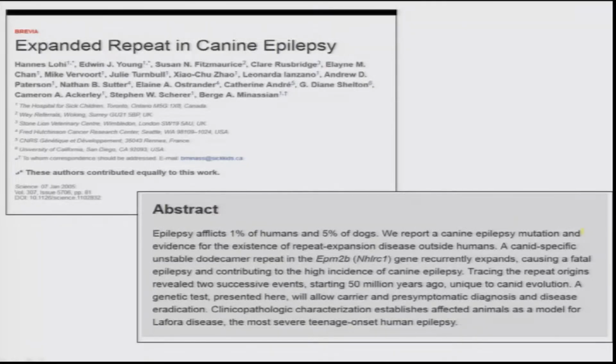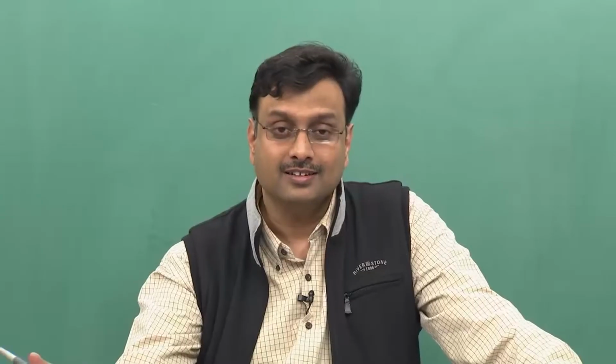Another dog model developed a very fatal form of epilepsy because of a genetic change, and the same epilepsy caused by the same gene mutation is known in humans, right? In addition to understanding the conserved function of genes and the mutation process, these dog models really help us understand the pathophysiology. So the dog has been one of the best studied examples.